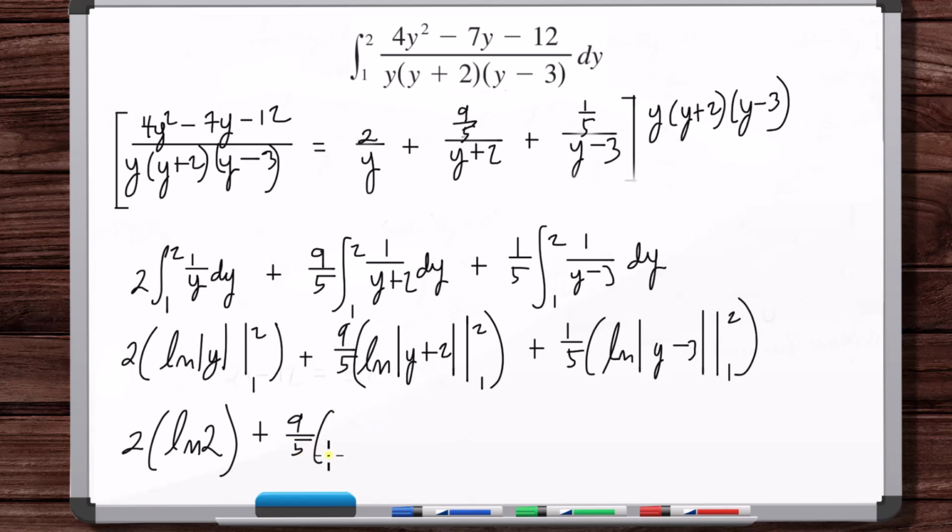9/5 natural log of 4 minus natural log of 3 plus 1/5 natural log of 2 minus, okay, so that's 0, then minus natural log of 1 minus 3, 2.